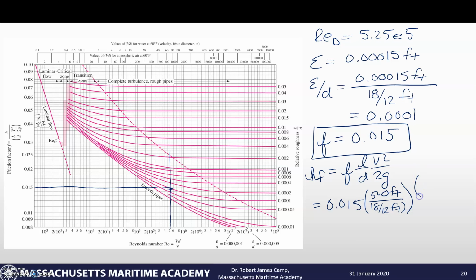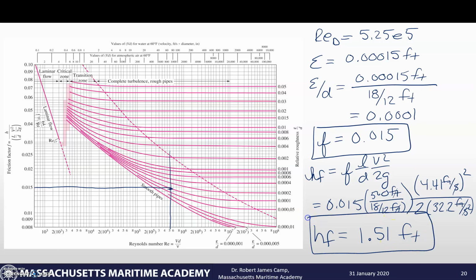Our velocity, which we had calculated, was 4.41 feet per second, squared. Divide that by twice acceleration due to gravity, so 2 times 32.2 feet per second squared. Units, feet cancel, seconds squared cancel. I'm left with 1 foot, which is what I expect. So I calculate out hf. In this case, I'm losing about 1.5 feet of head due to friction in this piping system.